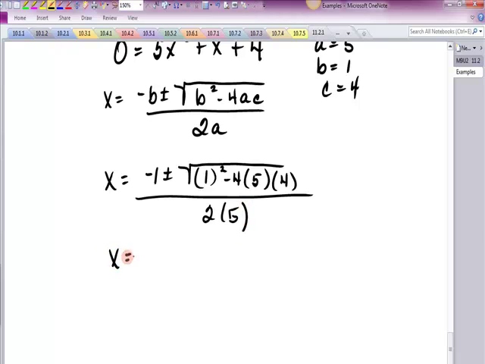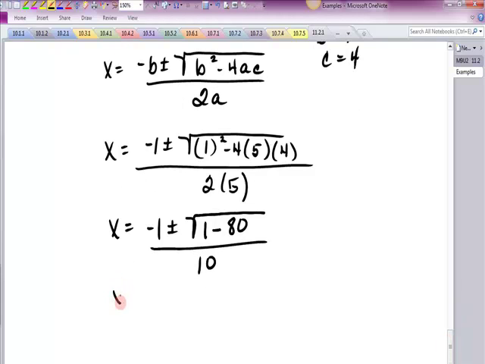So x is equal to negative 1 plus or minus the square root of, that's 1, and it's going to be minus 80 all over 10. Be careful with your signs. So I have x is equal to negative 1 plus or minus the square root of negative 79 over 10.